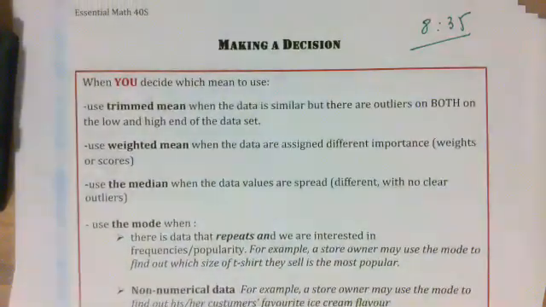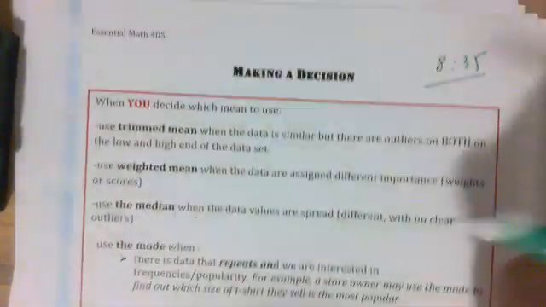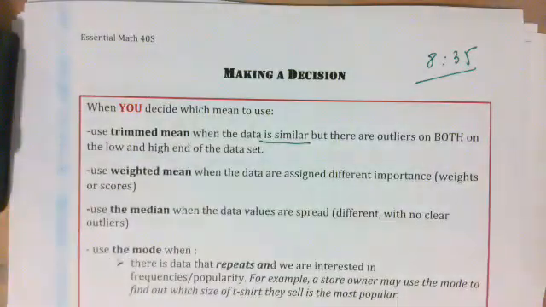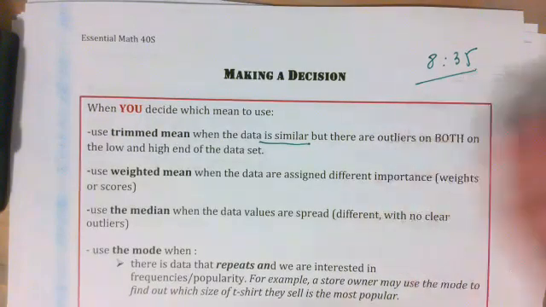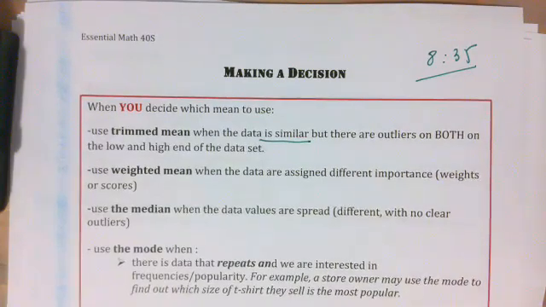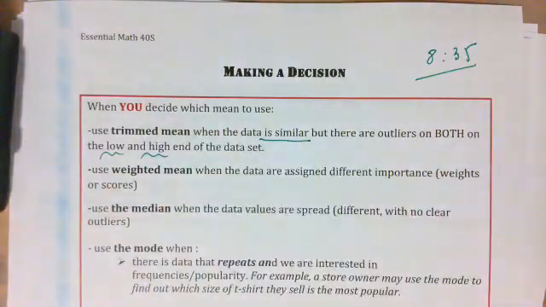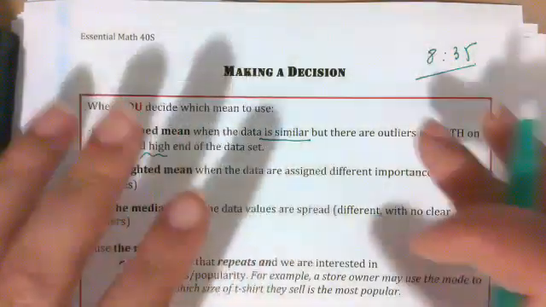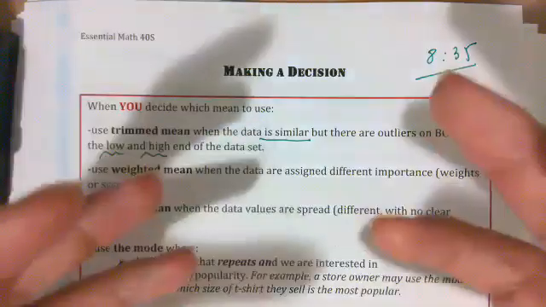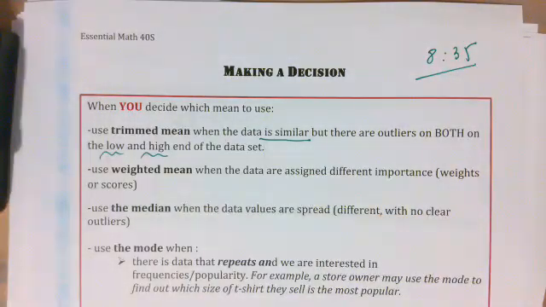So for trimmed mean, we're going to be using it when, just like with the mean, data has to be similar to one another, so very much alike. But then you will have outliers on both the high and the low end of your list once your list is in order, right? So you have low and high outliers on each end, and then you're going to trim it, and then it's going to look better because you have the leftover data that's similar to one another.